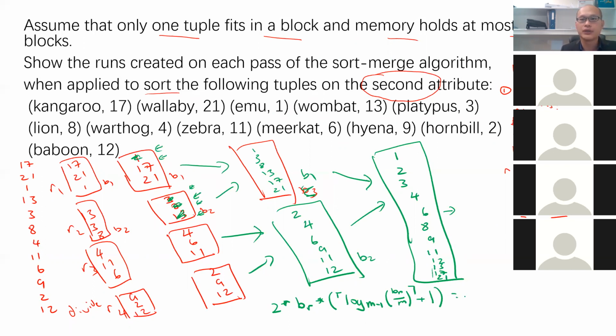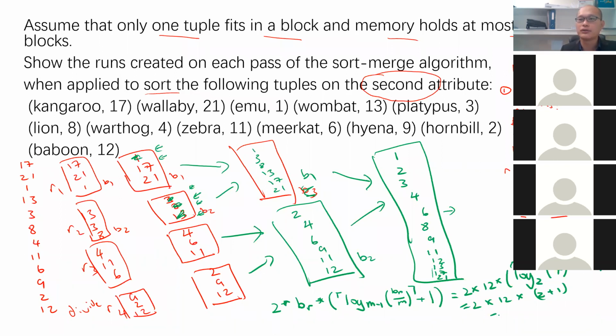So this will be equal to 2 times 12 times the ceiling of log 4 base 2, plus 1. I can do this in memory, because log 4 base 2 is 2.